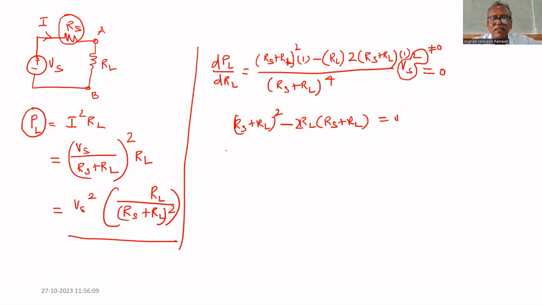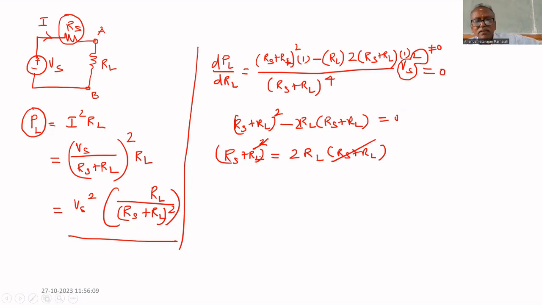So we can write Rs plus RL whole square equal to 2RL multiplied by Rs plus RL. This and this get cancelled. Therefore, Rs plus RL equals 2RL.